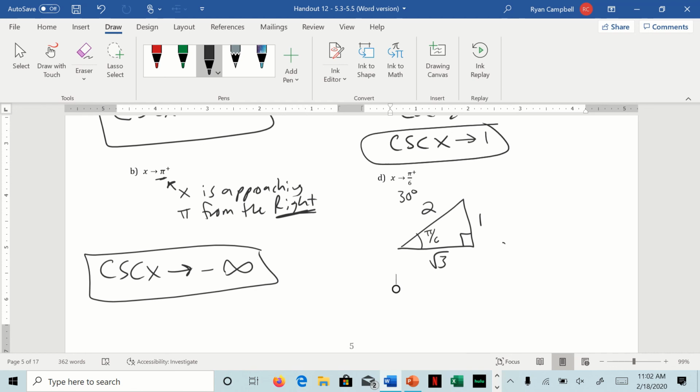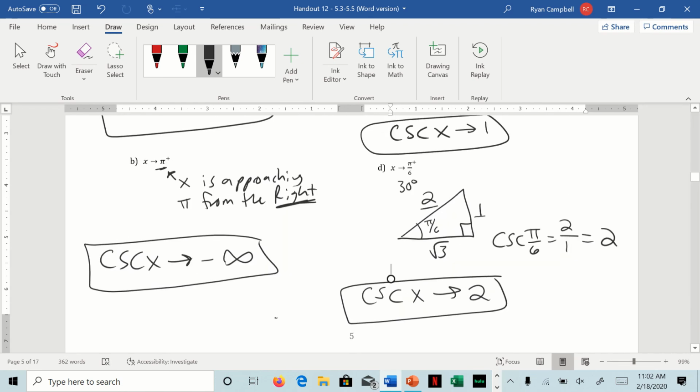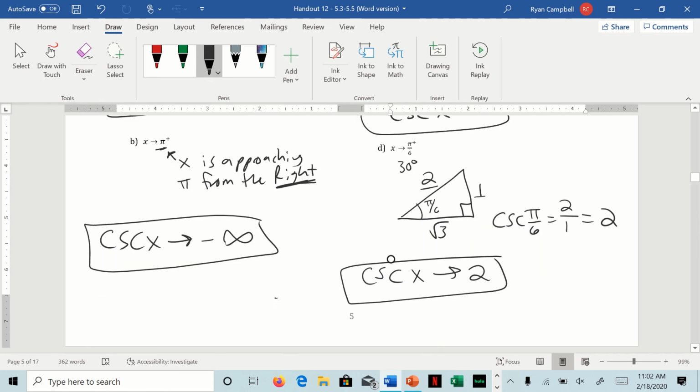So cosecant of pi over 6 is hypotenuse over opposite, which is just 2. So we see that cosecant of x approaches 2.